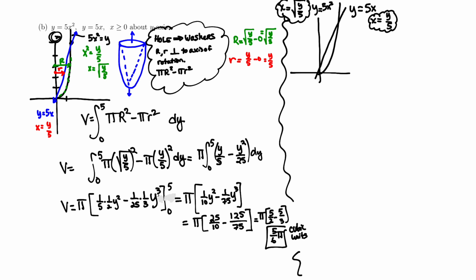I'm going to blow your socks. Ready? What happens if I take it and instead of rotating around the y-axis, what if I rotate about the line x equals -2?